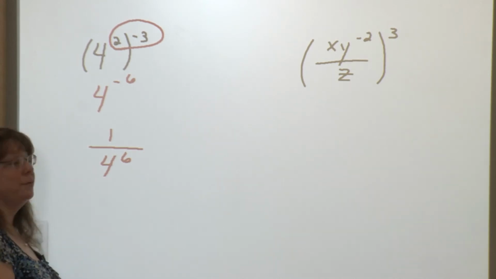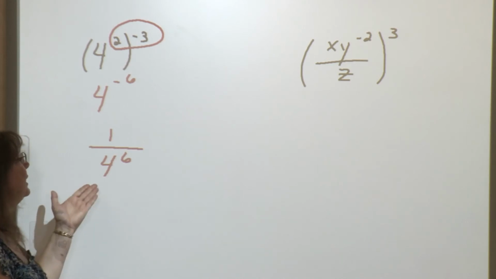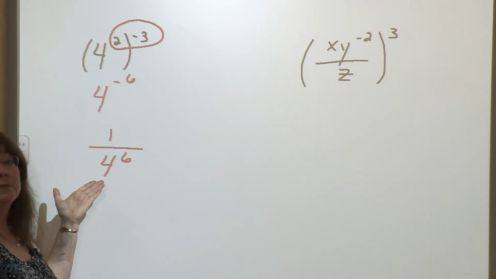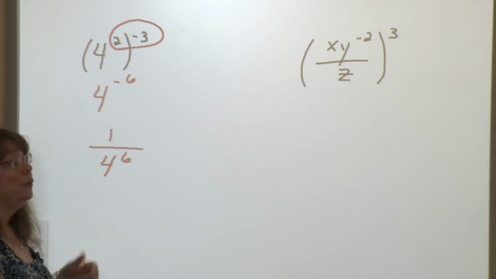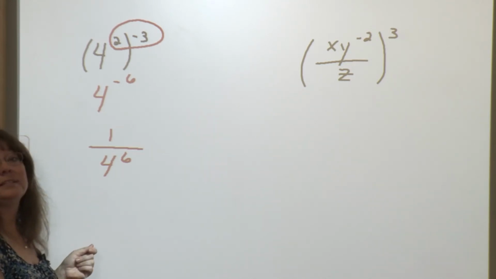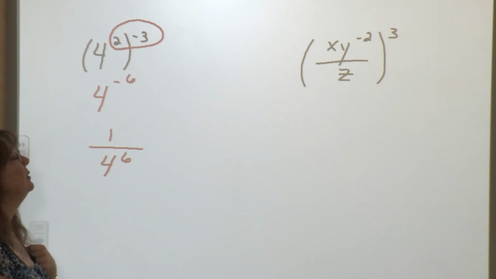I'll write it as 1 over 4 to the 6th power and change it from a negative to a positive 6. Again, they typically won't leave this 4 with the exponent on it, and they'll probably go ahead and work it out. Remember, you're multiplying 4 with itself 6 times. So you may see 1 over that value in the denominator instead.